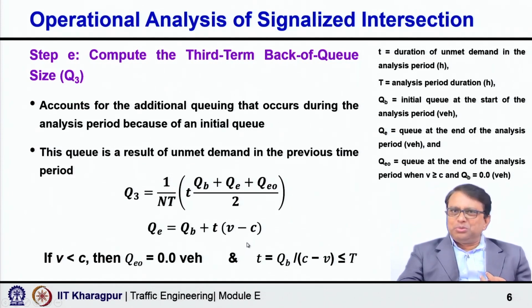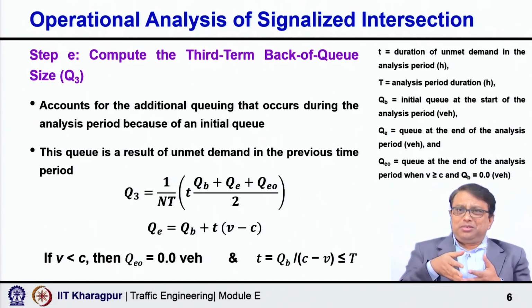The volume could be greater than capacity, less than capacity, or equal to capacity. Accordingly, the sign will get decided. The additional Q will either grow or it may reduce also.